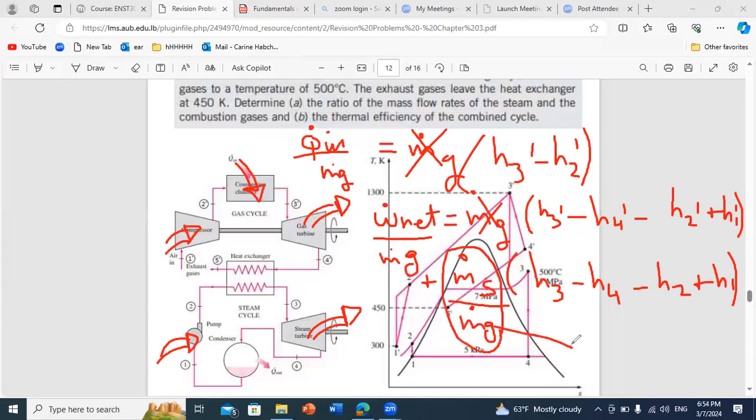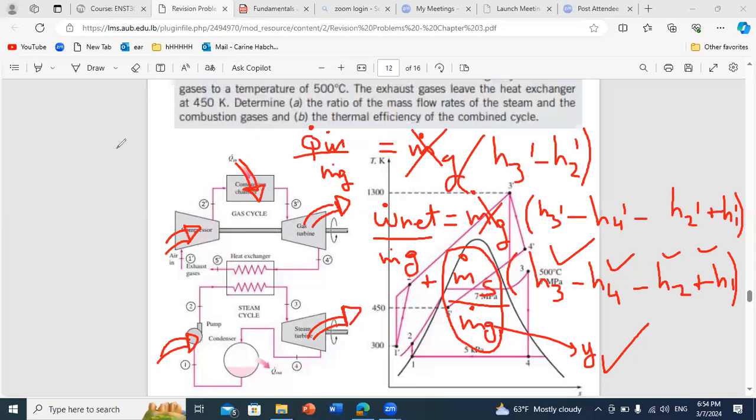This is the fraction y, which was 0.131. So once you do this, you have y from the previous step. You calculated all enthalpies. You can just divide W dot net over m dot by Q dot N over m dot, and you find the overall efficiency.